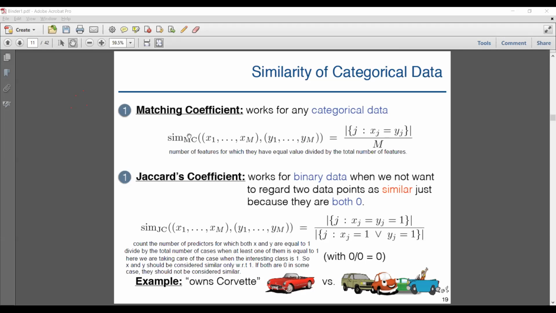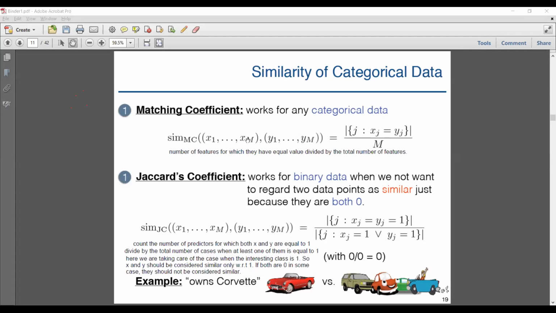Let's say आपके पास दो observations हैं, x and y, right? X is one observation, y is another observation, and you have a number of features, let's say m different features, m number of variables. Now, the matching coefficient, what is it going to do?